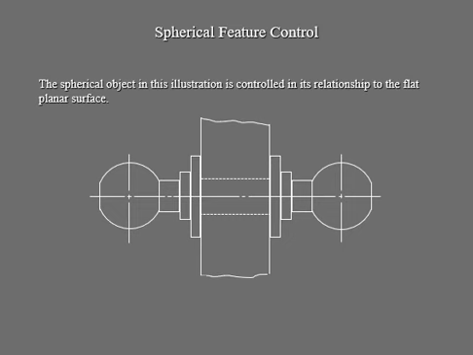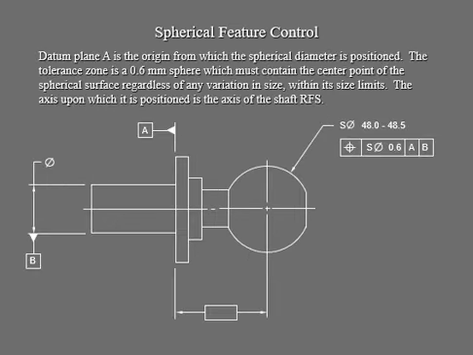So let's go into here, and you're going to see the spherical feature control. That's the spherical object in this diagram. You can see it is in relation to the flat, planar surface right there. So let's take a look at it. We have our datums A and B, right here and then right there.